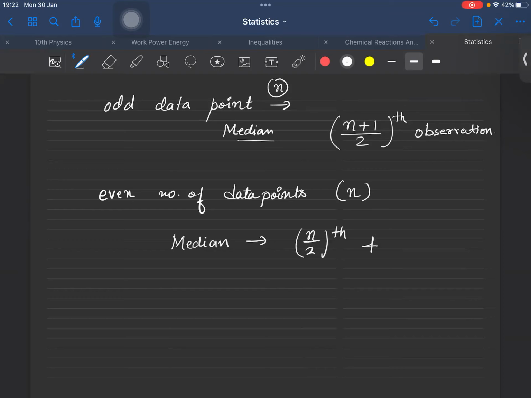Because we have an even number of data points, there will be 2 medians, so the n by 2 plus 1 th observation as well. If we have an odd number of data points, we'll have only 1 median. If even, then we'll have 2 medians.